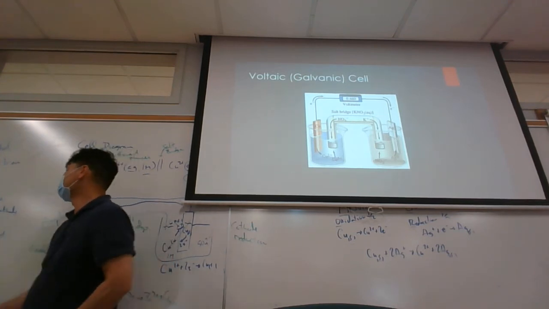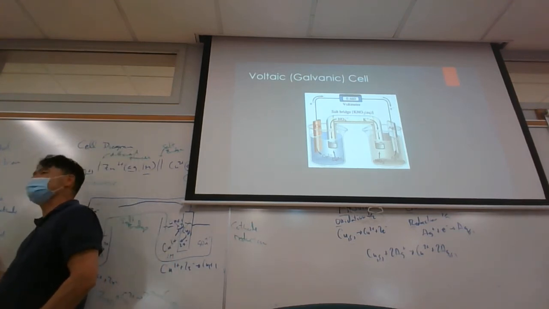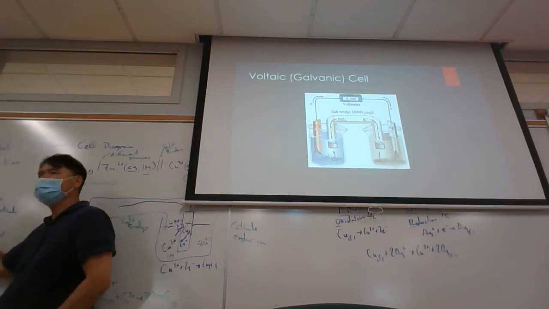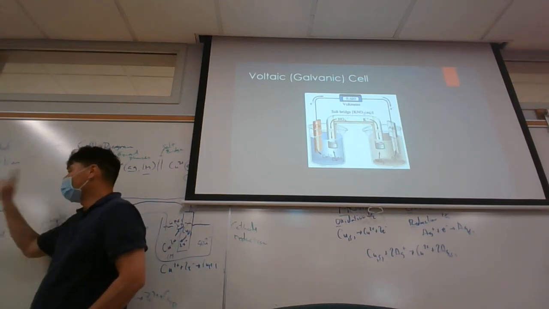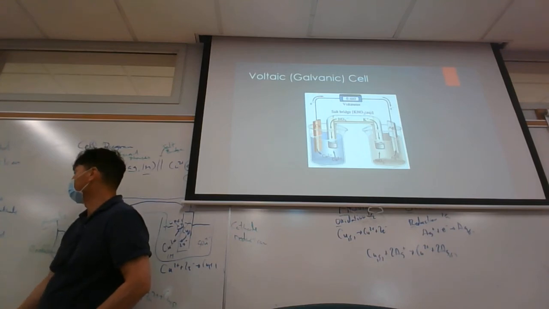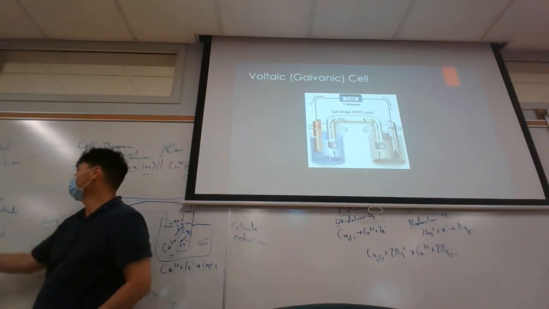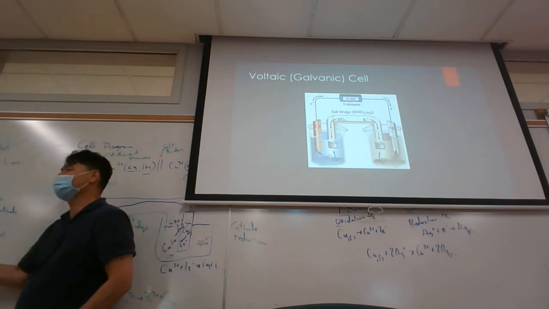And so what we'll do is we'll arbitrarily assign one of these 0. If we arbitrarily assign one of these 0, then all the oxidation potentials are all screwed up. But they're all screwed up the same way, and all the reduction potentials are screwed up in the opposite way. So one of these is going to be too low, the other is going to be too high.